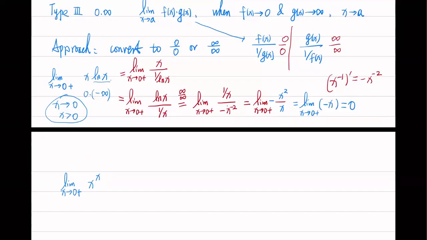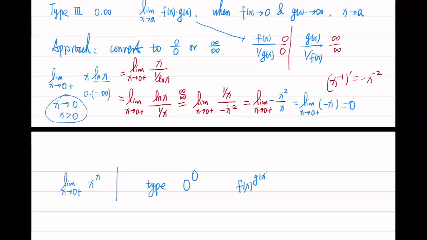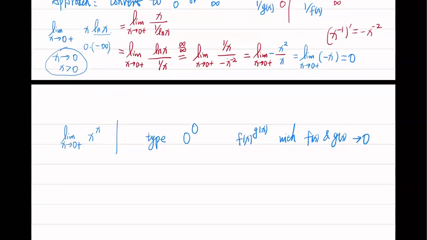So this is a new type, the type 0 to the 0. More generally, f(x) to the g(x) with both going to 0. So this time we should be very careful. Even though 0 is allowed on the base, and 0 is allowed on the exponent, we cannot have both.